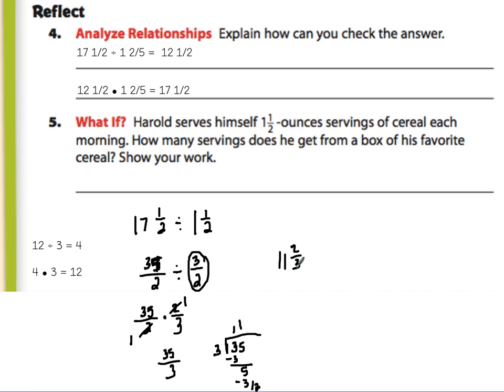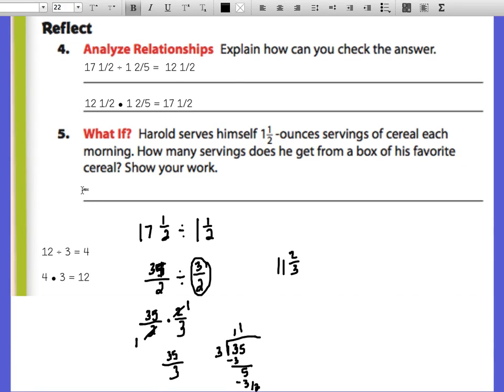All right, and I know that my servings should have gotten smaller because my serving size got bigger. All right, so you should have come up with he could make 11 2/3 servings.